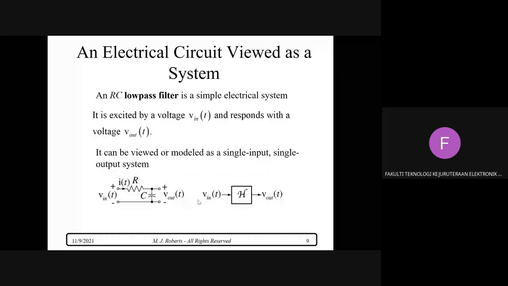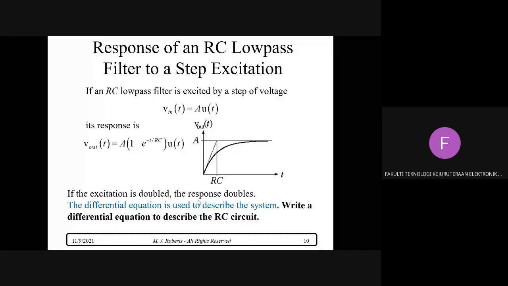Okay. So before this, in the last 2 weeks we discussed the input signal and output signal. When we use a model, we can show the relation between the system, the circuit, and the input signals. So for example, for the RC low pass filter, you have the input voltage, which is the unit step, A u(t).